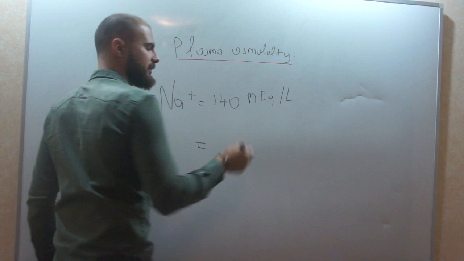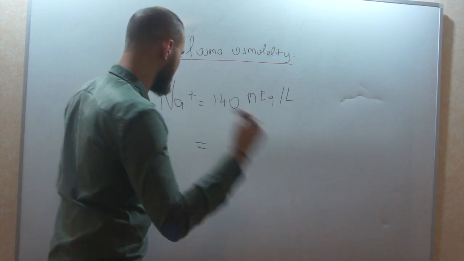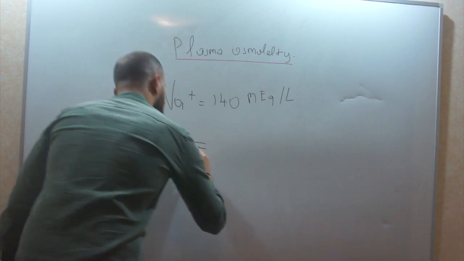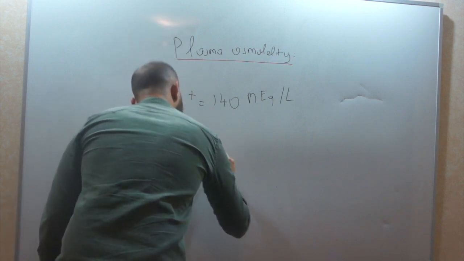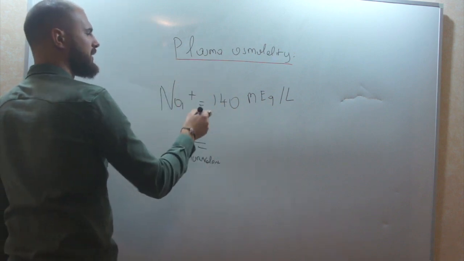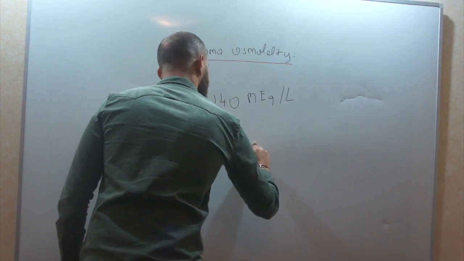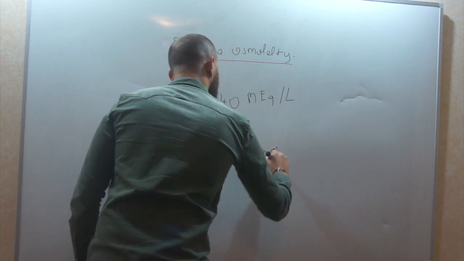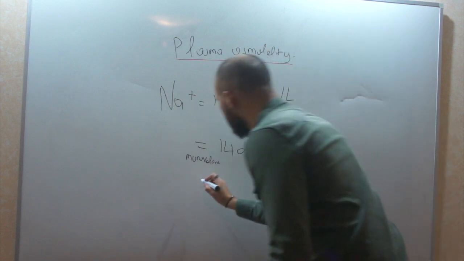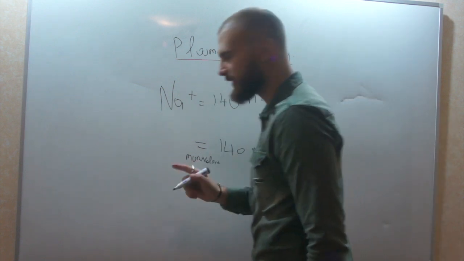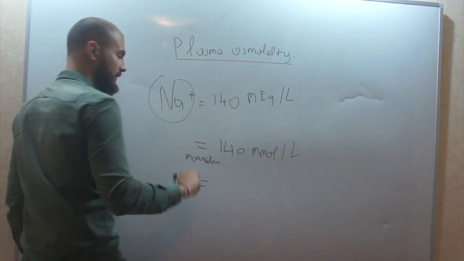So 1 mole of sodium needs just 1 mole of the opposite charge to be electroneutral. So 140 milliequivalents of sodium equal 140 millimole per liter of sodium.